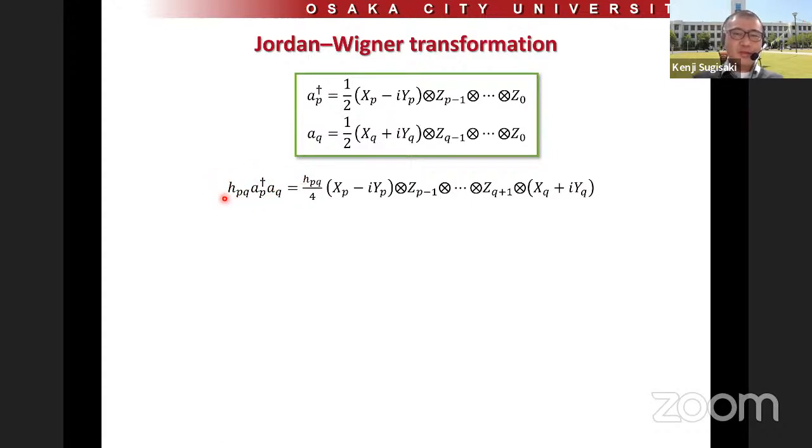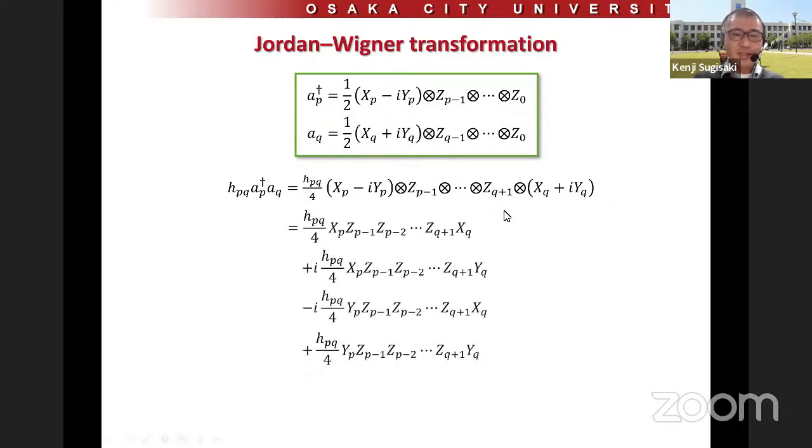If we apply the Jordan-Wigner transformation to a_p† and a_q, we can obtain these operators written in Pauli operators. And this operator can be expanded as shown here. As you can see, we have real operators, and also we have imaginary operators.